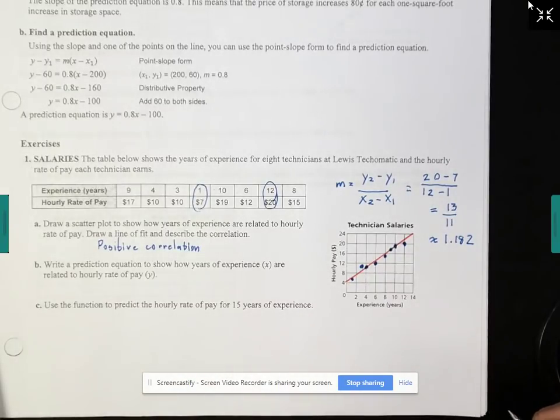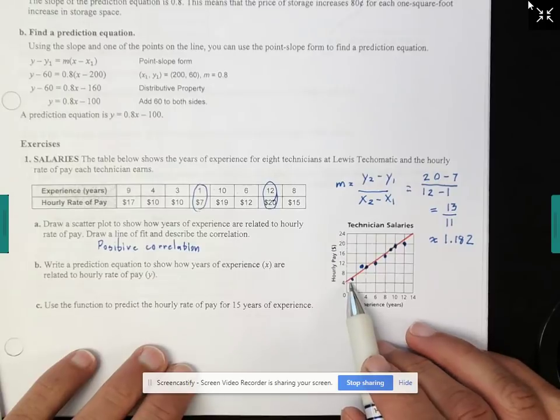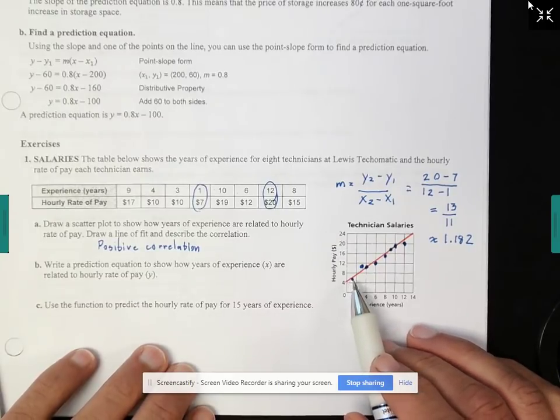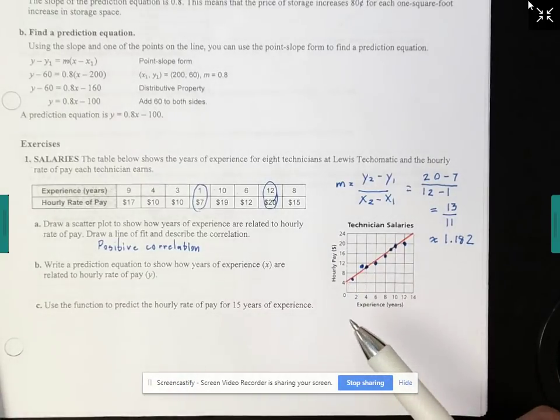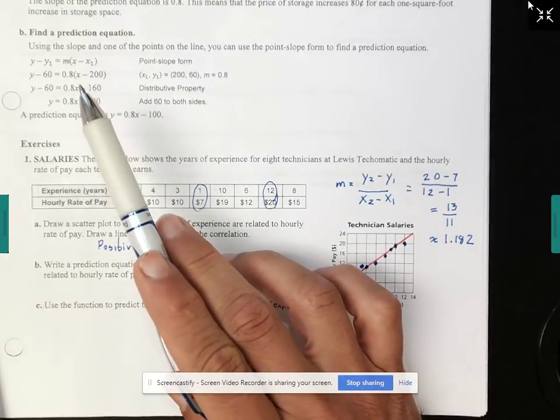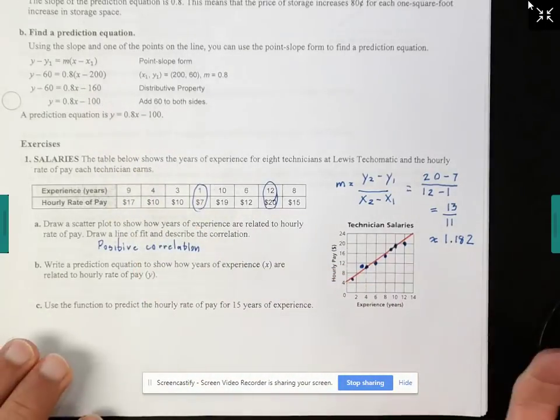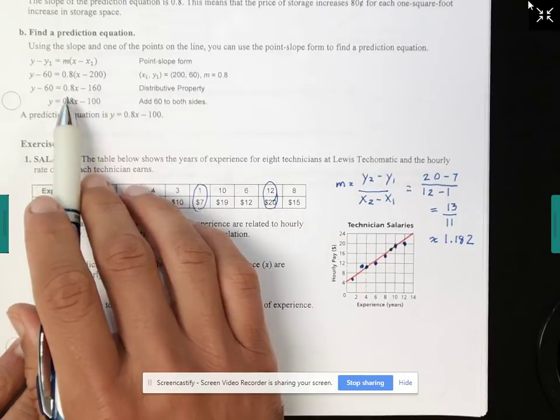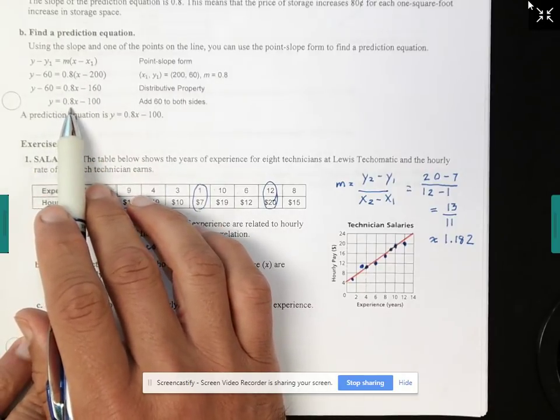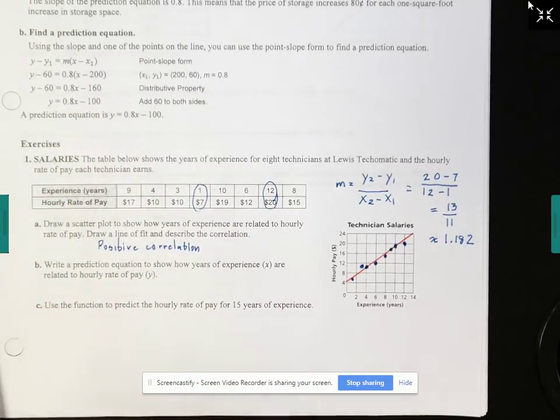Then after that, I'm going to have to figure out a way to get a y-intercept. Maybe I can approximate that there, but let's not do that. We're going to use what's called the point-slope formula. You can actually see that up here. After you get done with it, this formula is going to give you y equals mx plus b, just like the one that Miss Shelton was teaching earlier.